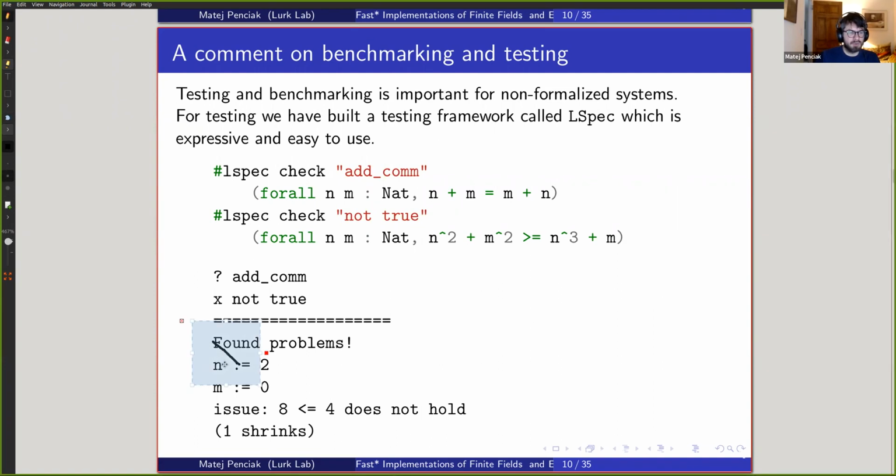As long as you do a little bit of work ahead of time so that you can generate random examples of natural numbers or vectors or matrices or whatever, you should be able to plug them into these LSpec tests and run tests very quickly.